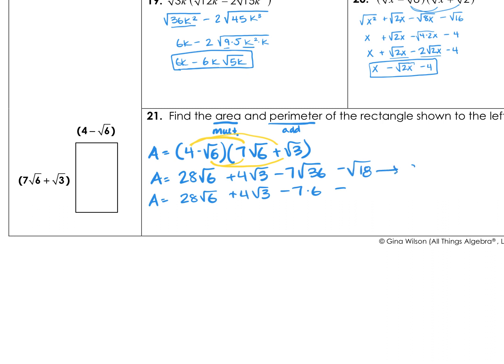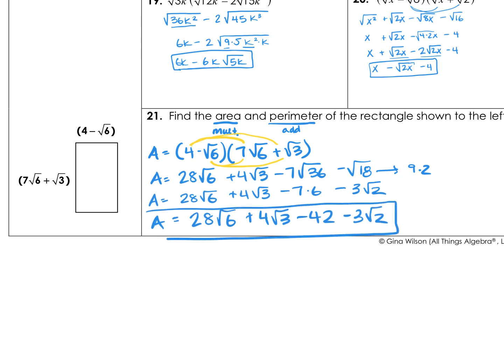So 18 is 9 times 2, so I'm just going to leave that as 3 square root 2. Then combine your like terms together. You don't have any like terms, actually. So we just write this out. 28 root 6 plus 4 root 3 minus 42 minus 3 root 2. So that is the area.